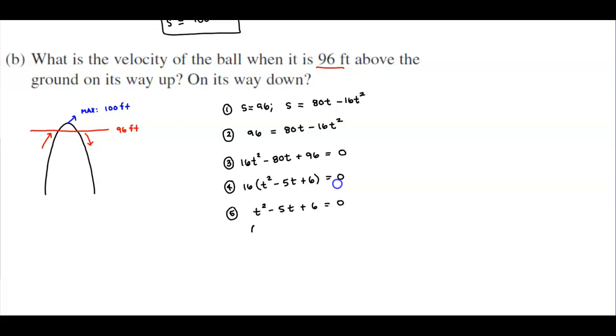And now we're going to factor. When we factor, we get t minus 2 times t minus 3, which is equal to 0. So what does that tell us? That tells us t is equal to positive 2 and 3. So that's 2 and 3 seconds.